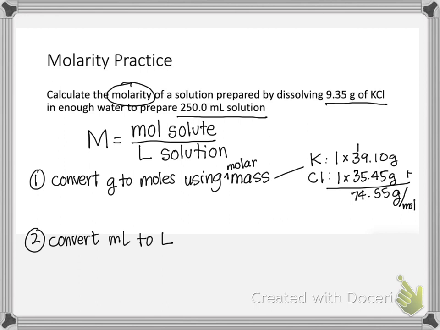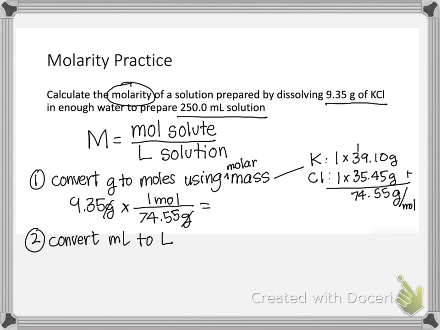Okay, so I'm moving things around on my table. All right, so now to convert, we take 9.35 grams. And to go from grams to moles, we're going to divide by the molar mass so that the grams cancel.